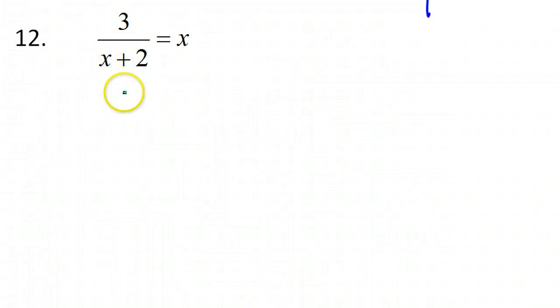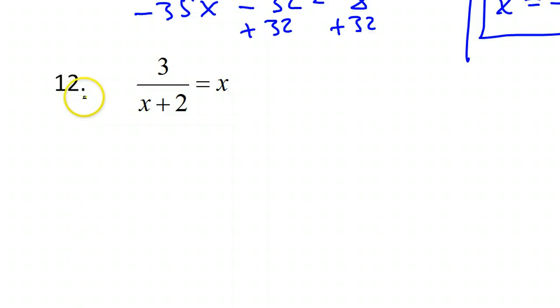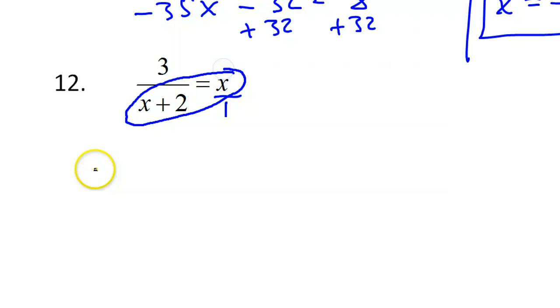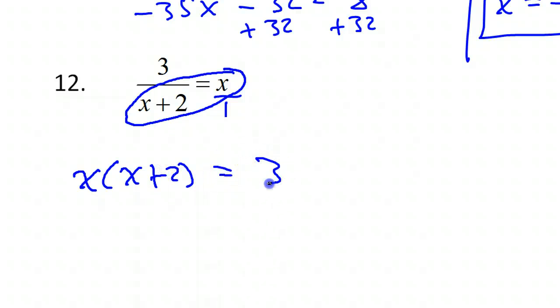Let's state the restrictions first. From the one denominator that we have, we know that x cannot equal -2. Alright, number 12, last one. I can look at this as x over 1. So if I cross multiply on this diagonal, I've got x times x plus 2 is equal to 3 from the other diagonal.